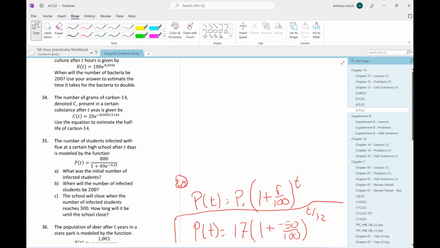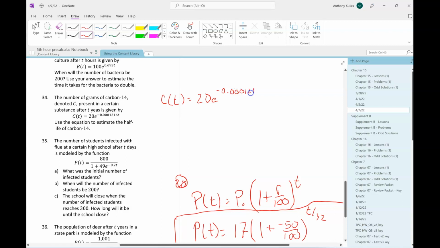Okay. So what I'm going to do is I am interested in knowing the initial amount. At what time would we have the initial amount of carbon-14? Zero, right?